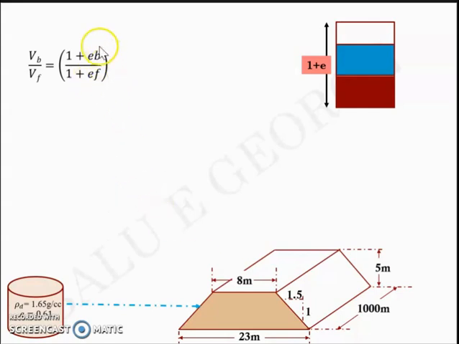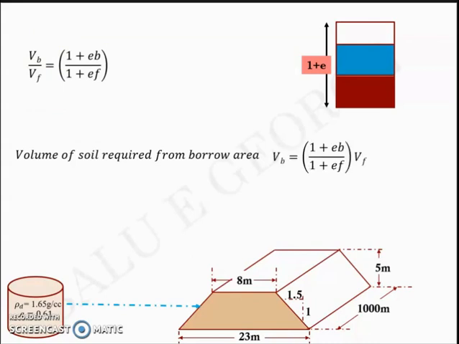So EB is 0.61, EF we have calculated to be around 0.69, and VF is the soil volume in demand for the fill, and the only unknown turns out to be VB, right? So the volume of the soil required from the borrow pit, VB, is equal to 1 plus EB by 1 plus EF into VF. Substitute these values and you get the volume required to be taken from the borrow pit.